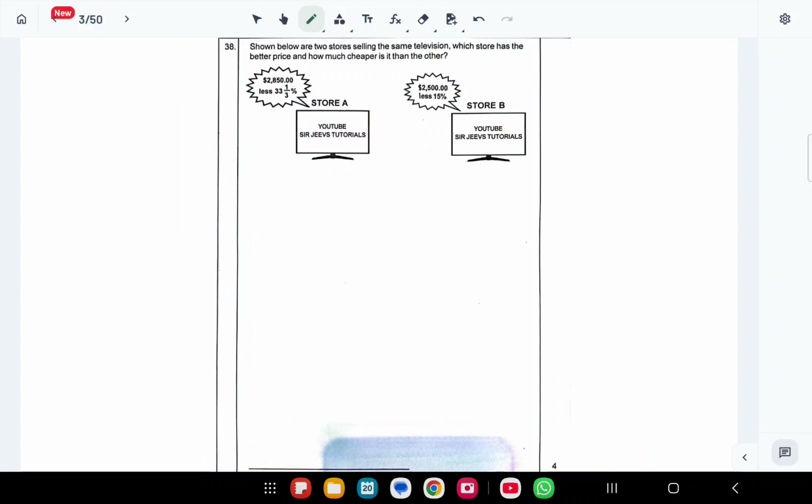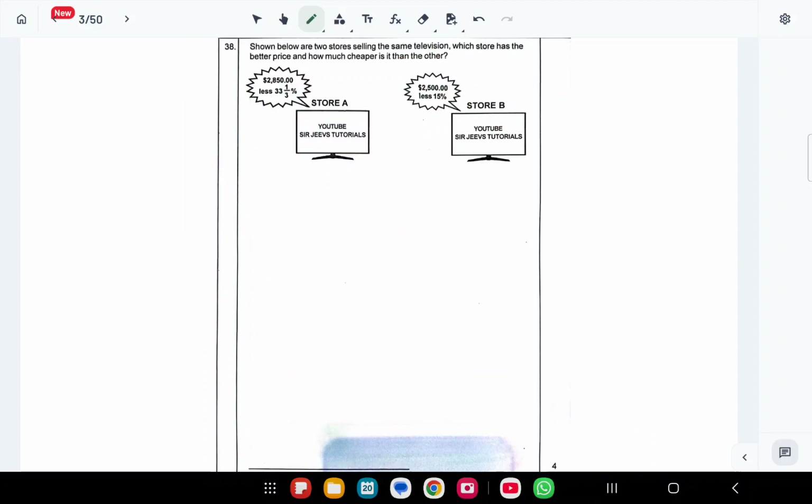We realize that store A is $2,850 less 33.3%, and store B is $2,500 less 15%. So what that means is basically there's a discount given in each store. So we need to calculate which store has it at a cheaper price after the discount was given.